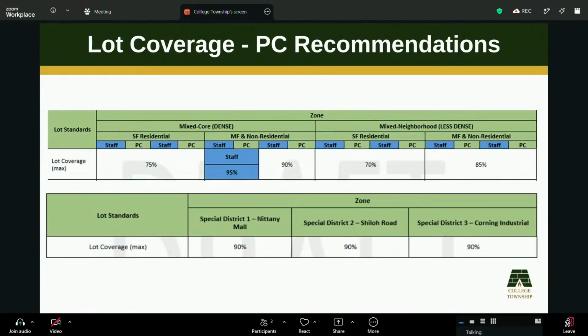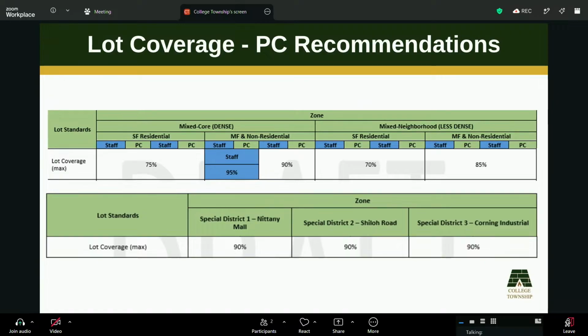So then this just kind of gives the overall lot coverage for the different densities. We have the mixed core, which is the more dense area, mixed neighborhood, which is a little less dense, and then we have the special districts that were identified when we went over uses. As you can see, there was really no difference between staff and PC's recommendations there, except for the mixed family and non-residential in mixed core.